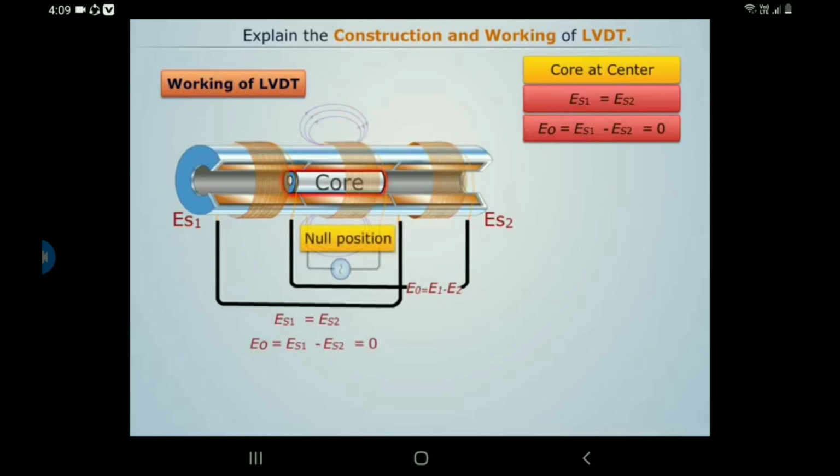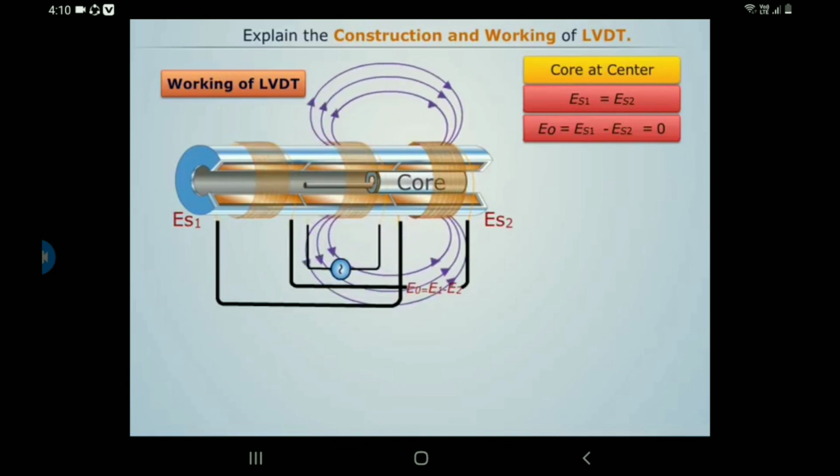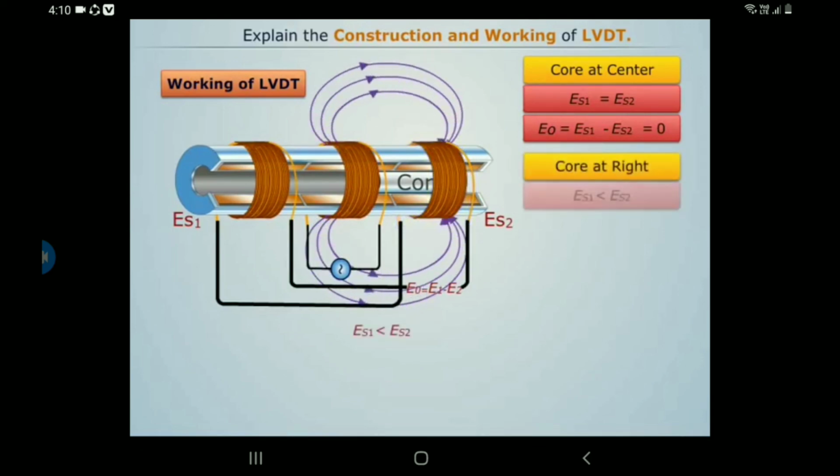This position of the core is known as the null position. Now, if we move the core towards the right, we see that the flux linking with coil S2 becomes greater than the flux linking with coil S1. As a result, the EMF induced in coil S2 becomes greater than the EMF induced in coil S1, and the net EMF shows a negative value.